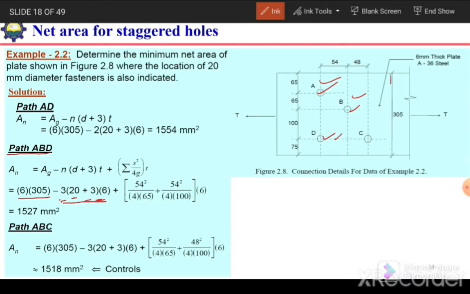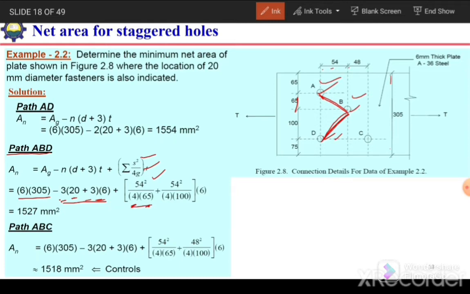Next we need to consider the stagger, or we need to add the factor to consider this stagger. So we need to add s square over 4g for these 2 staggers. So for first case, in case of AB, we have stagger value 54. So 54 square over 4 times g. The gauge length between A and B is 65. So 54 square over 4 times 65.